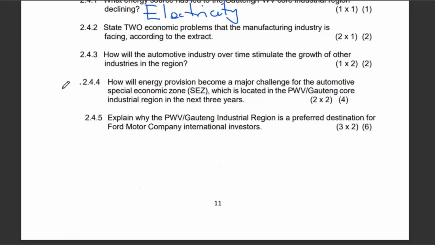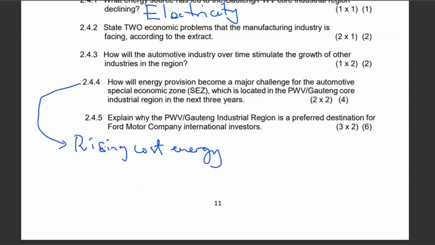This issue of electricity is going to be a major challenge. It is going to cause rising energy costs. You're having an energy crisis and automatically the cost is going to rise. Rising cost of energy will ultimately reduce profitability of the business if you're having high cost of energy.